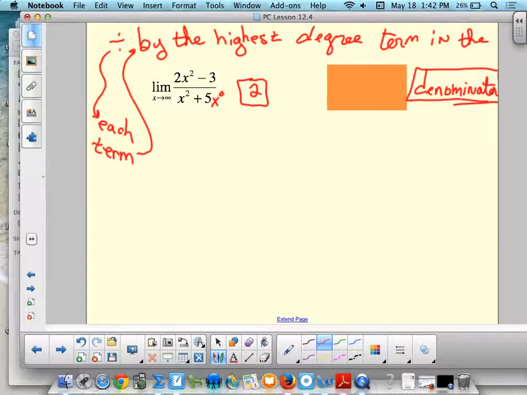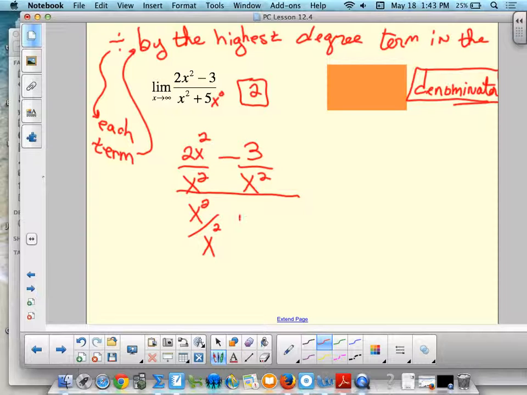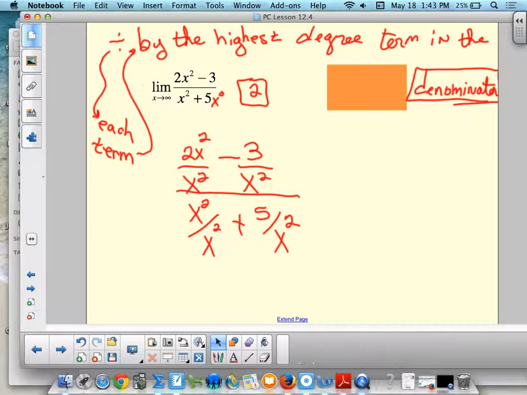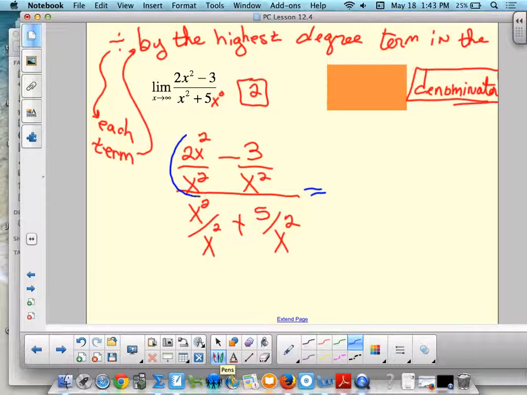So here's what I'm going to do. I divide every term by x squared. So 2x squared divided by x squared minus 3 over x squared over x squared, and 5 over x squared. I know this looks like a lot of work, but this is what you do, and I'll show you why in just a second. Okay, tell me now. What's this when you reduce it? 2, isn't it?